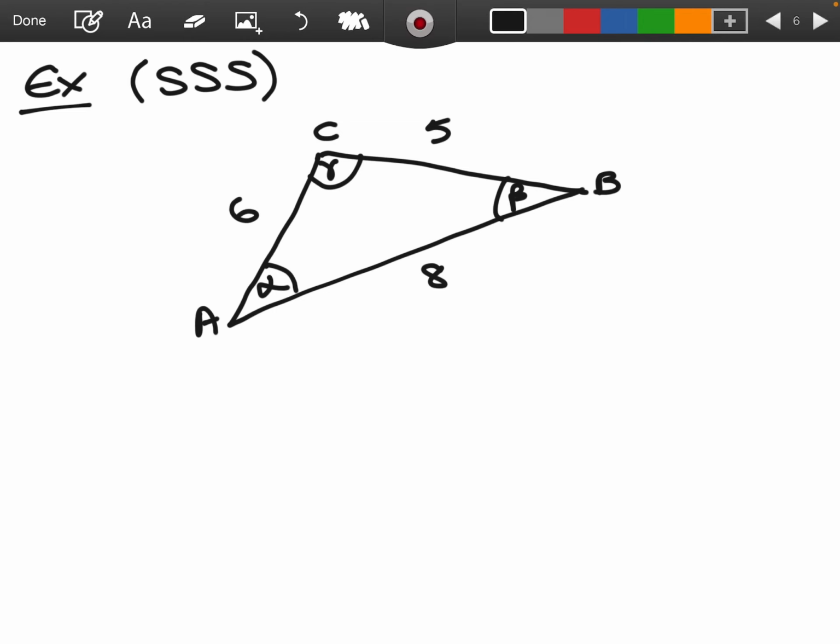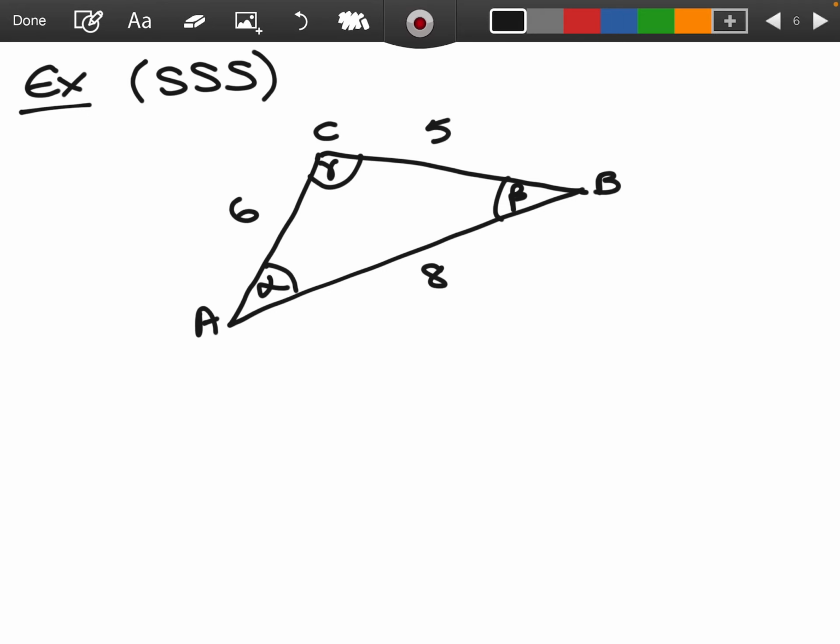I'm going to use the law of cosines in order to solve this. When you have an example like this, I want you to use the law of cosines at the start, but then you can use the law of sines in order to finish the problem off. Keep that in mind, and you'll see that as we go through this.